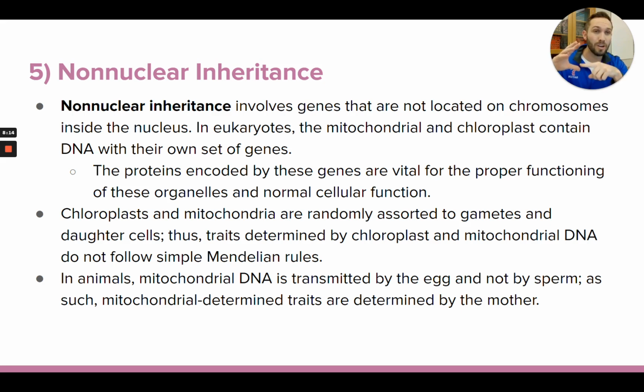Those mitochondria come from the mitochondria in your mom's cells. During meiosis or mitosis, when the cell's dividing, it copies its organelles, including the mitochondria, and disperses those mitochondria to the daughter cells. So whatever DNA is in your mom's mitochondria is going to end up being the DNA in the mitochondria inside the egg cells that your mom's producing.